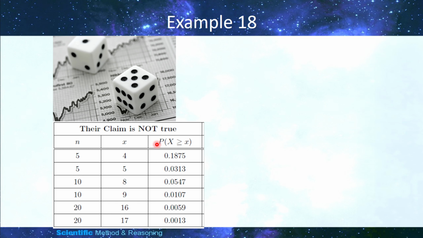So the probability associated with the observation, or an even more extreme observation, is simply the probability that the number of correct predictions out of n trials is greater than or equal to that observed. In this case, when n equals 5, the probability of X greater than or equal to 4 is 0.1875 based on the binomial probability distribution.